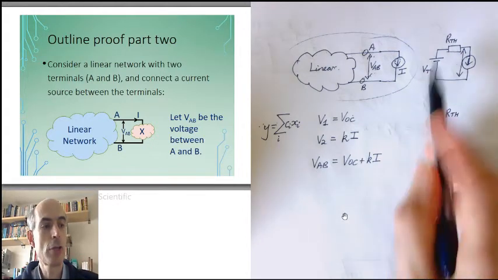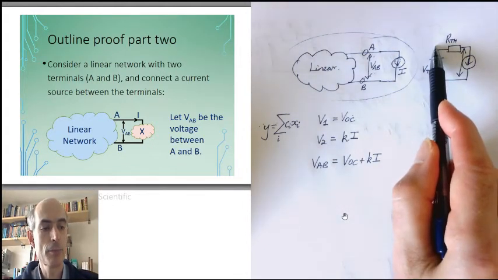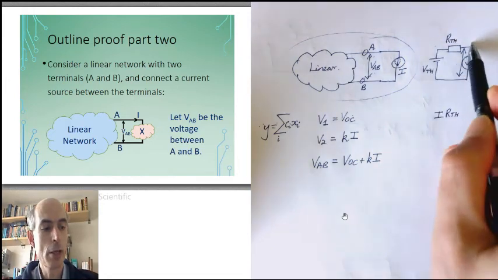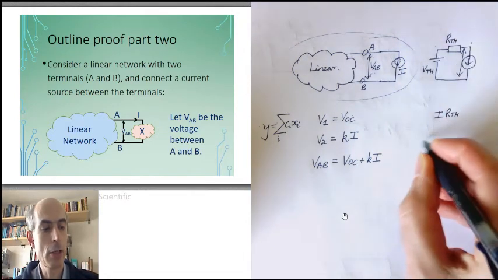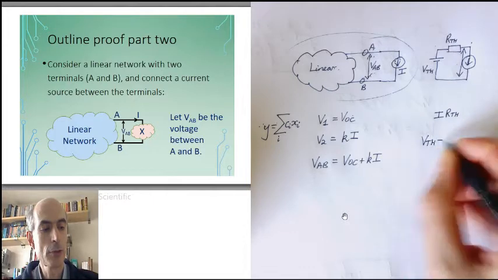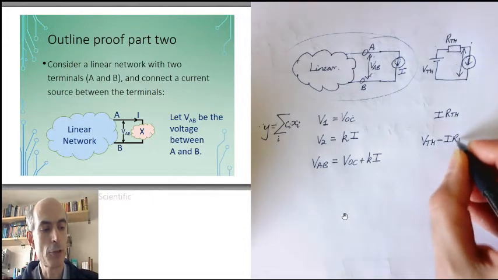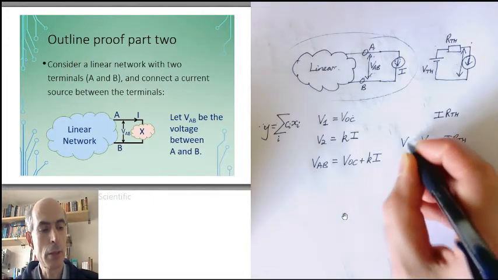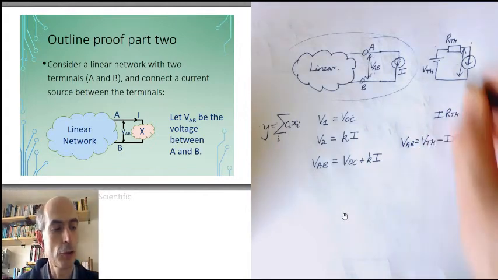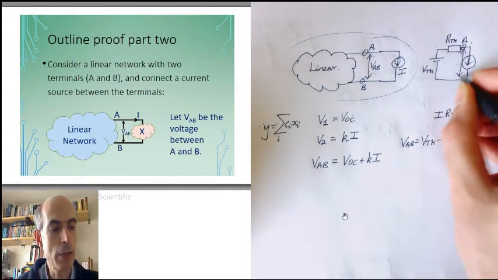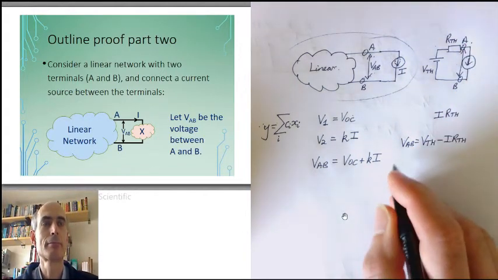And if the voltage here is VTH, then the voltage at this point here must be VTH minus I times RTH. And that would be the voltage across the terminals A and B in this case.